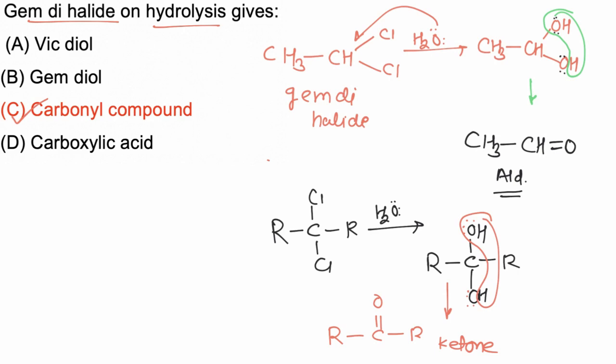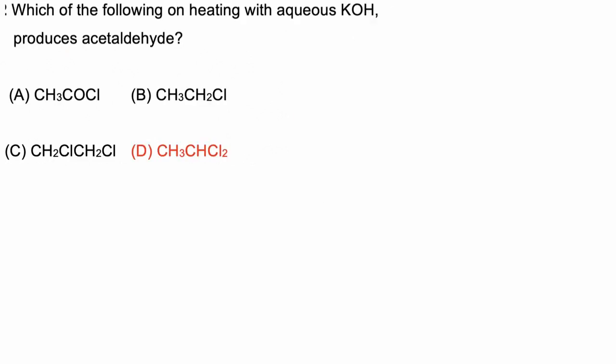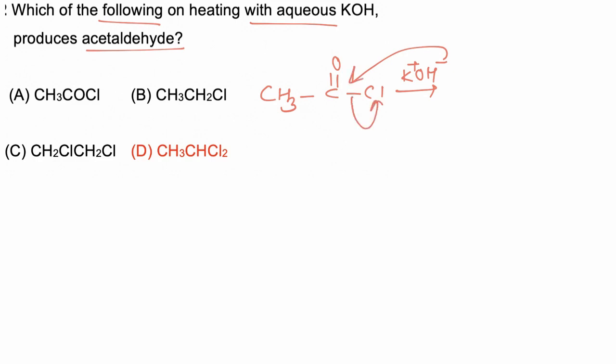answer is C. In this question, we have to find which of the following on heating with aqueous KOH produces acetaldehyde. Now if we take the first molecule, CH3COCl, on heating with KOH, KOH will act as nucleophile, OH negative will replace Cl negative, so it will be converted to acetic acid.